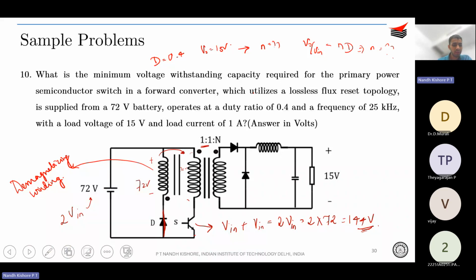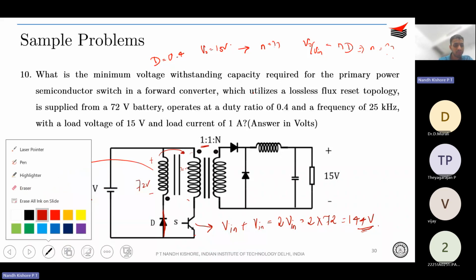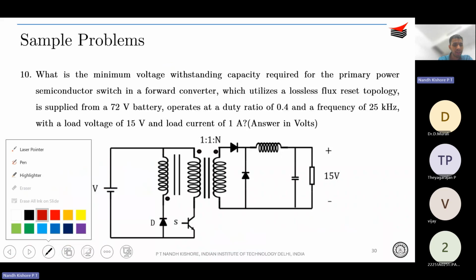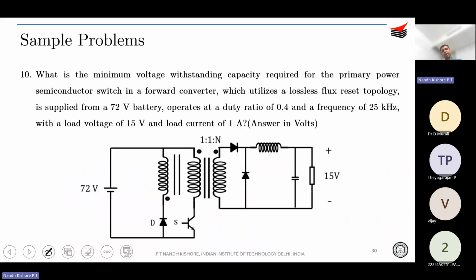So it has been derived from the tertiary winding. That is, in the tertiary winding, you understand that when this diode is on, the voltage across this winding is going to be directly 72 volts. And this is going to appear across your primary winding.